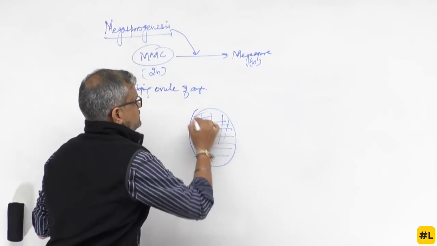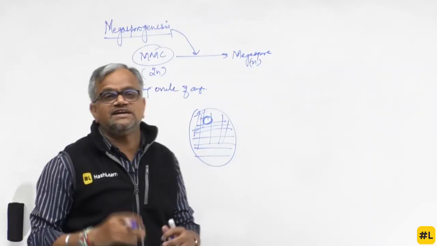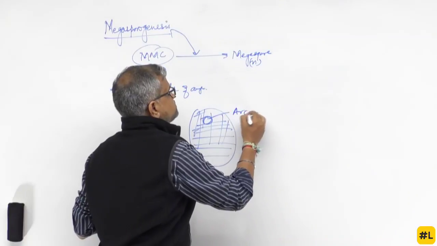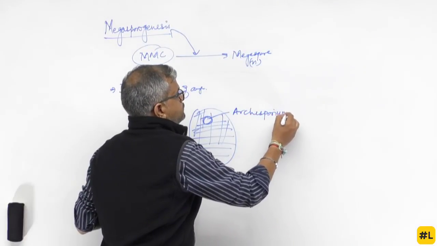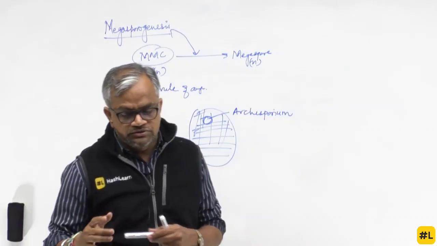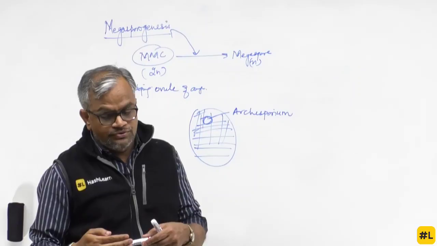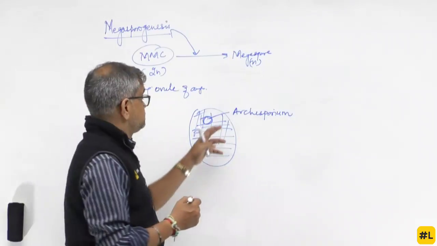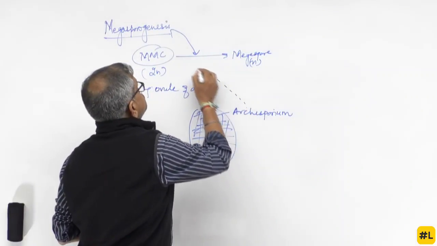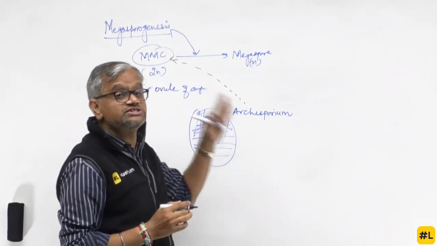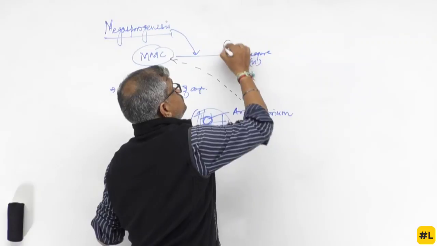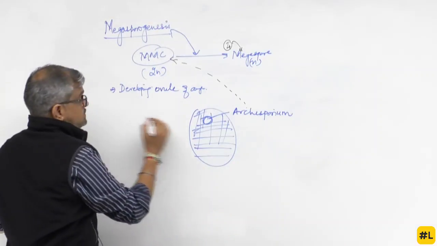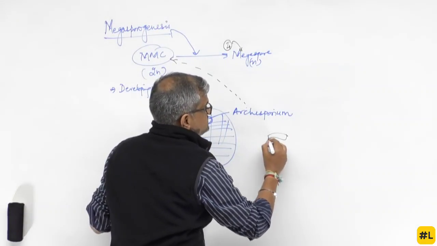If you assume like this, one of the cells starts proliferating anticlinally or periclinally, and this becomes archesporium. This archesporium slowly differentiates, as I told you, into a megaspore mother cell, and this megaspore mother cell gives rise to 4 megaspores, and they are arranged like this.